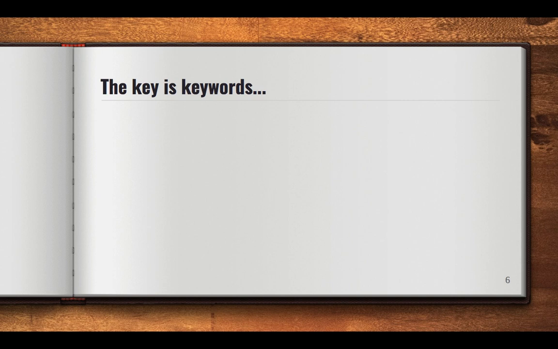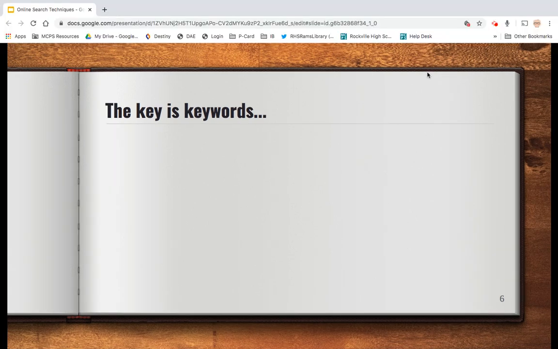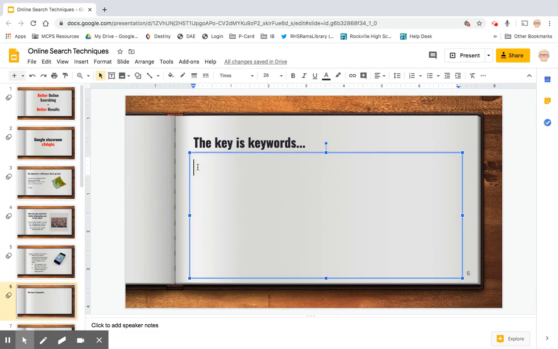So the key is keywords. Okay, so we're going to type up a few examples, okay, and then we're going to try each one on a database. So our first one is cell phones in schools. And then, because you're in high school, let's do cell phones in high schools.